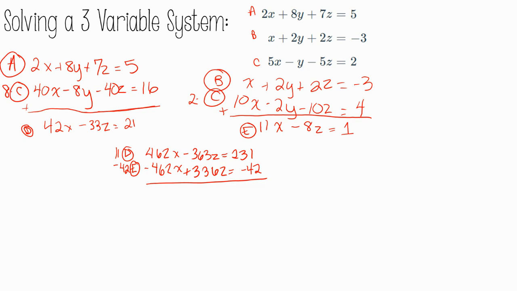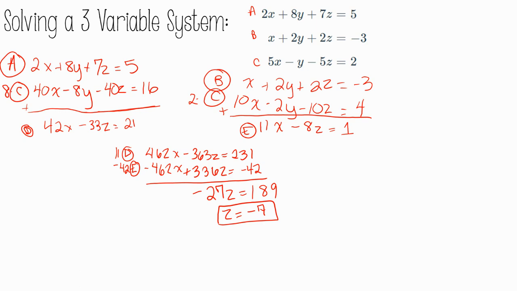Our x's will eliminate, and 336 plus negative 363 gives us negative 27z. 231 minus 42 is 189. Divide that by negative 27, and z is going to give us negative 7. So you get all nervous with the big numbers, but when it comes out, now it's okay to get fractions too. That does happen. Don't be a fractious.